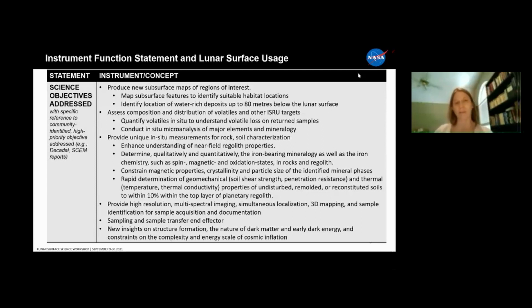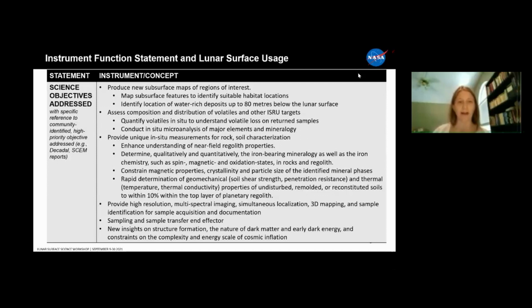For example, identifying suitable habitat locations, or mapping the location of water-rich deposits up to 8 meters below the surface. So clearly, subsurface mapping is a key science objective, and these are objectives that could be achieved using instrumentation on a robotic arm.